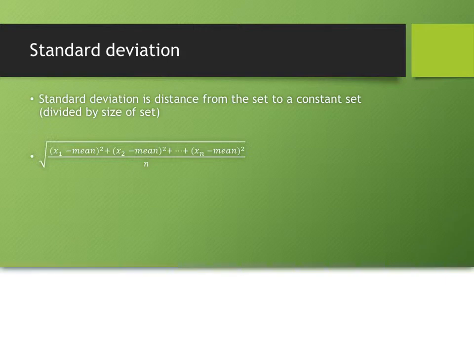Now, I'm not going to get into this in too much depth, but it turns out that this comes from the distance formula. If you think about a right triangle, and this is 4 units and 3 units, and I want to find the distance from this point to that point. Since we have a right triangle, we have the Pythagorean theorem, a squared plus b squared equals c squared.